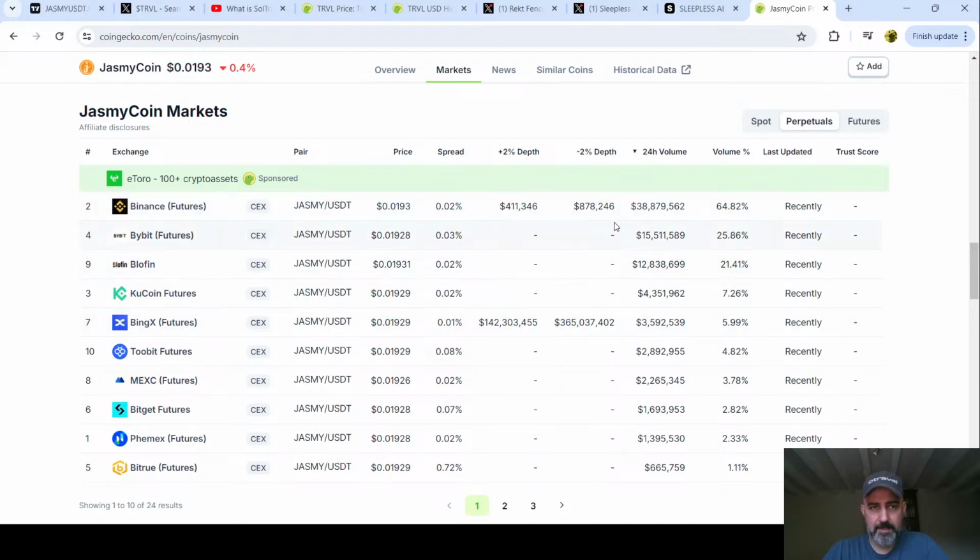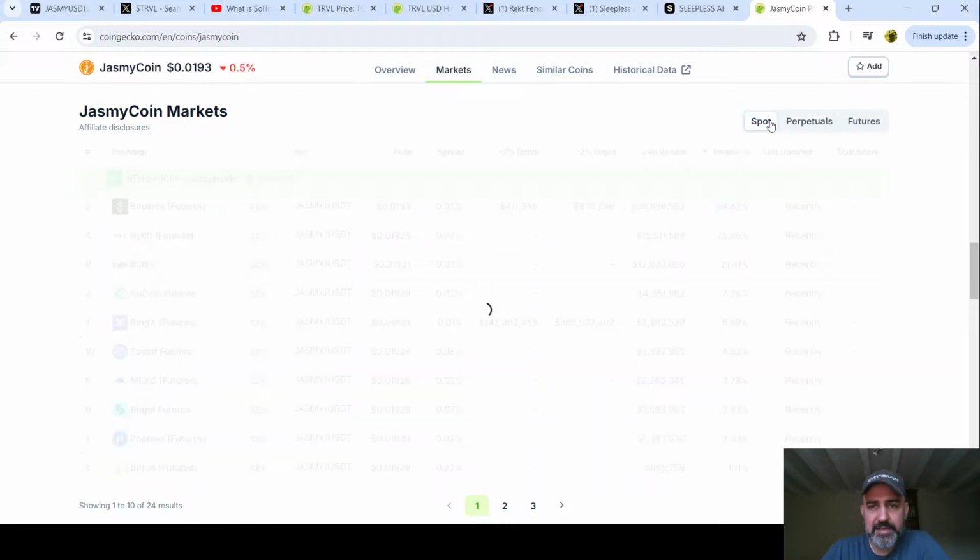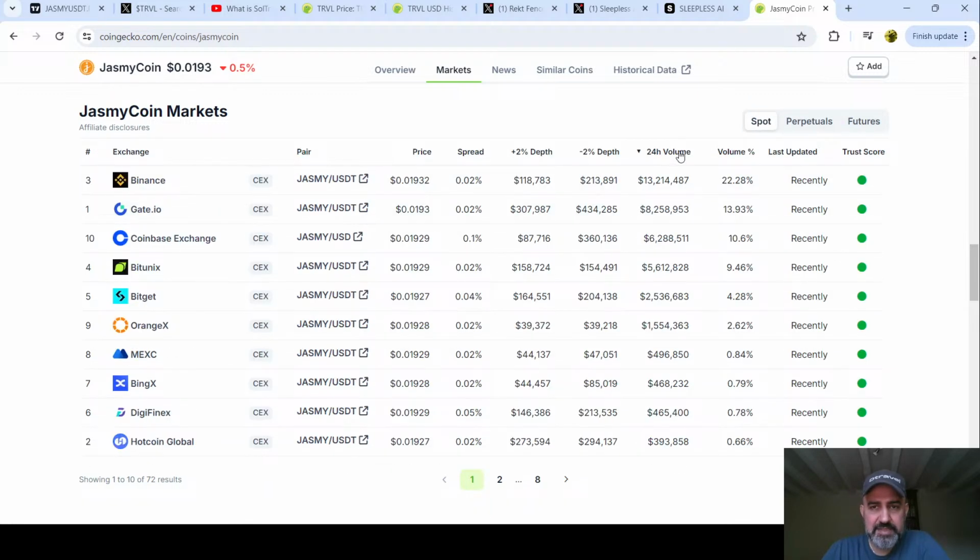All right, what is this one? Yeah, Binance futures. I don't know why BingX futures has a lot of volume as well, but it's a bit stupid. 6%. The data is incorrect. Oh, it's the depth. Okay, yeah, Binance futures is definitely driving the price. 38 million in the last 24 hours. Bybit comes close, at 15 million. Well, not really. And then obviously spot.